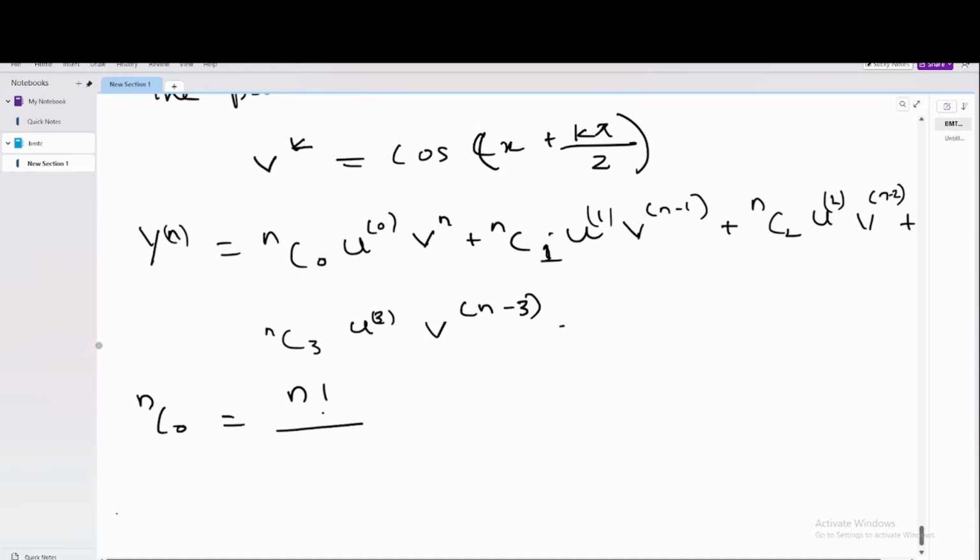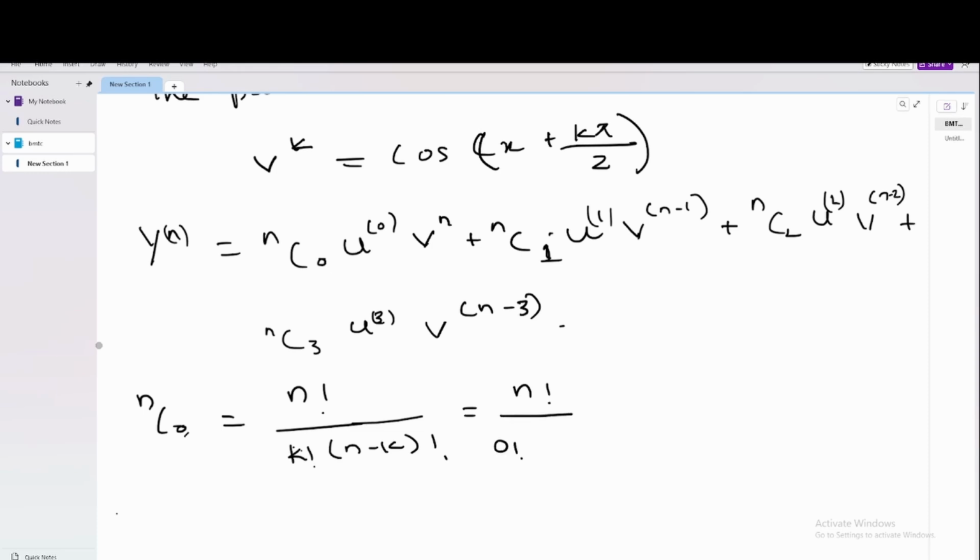nC0 is equal to n factorial divided by k factorial into n minus k factorial, where k is this bottom term. So n factorial divided by 0 factorial into n minus 0 factorial, which is equal to n factorial by n factorial, which is 1.